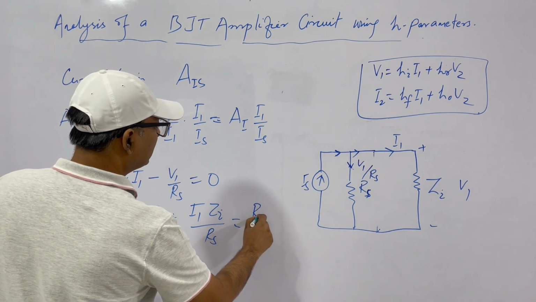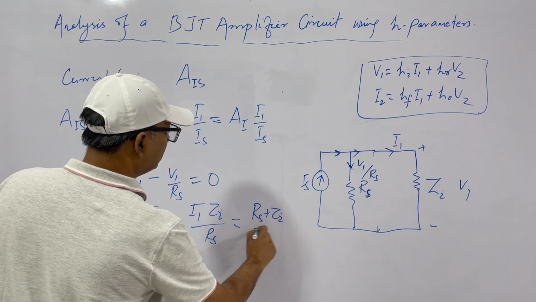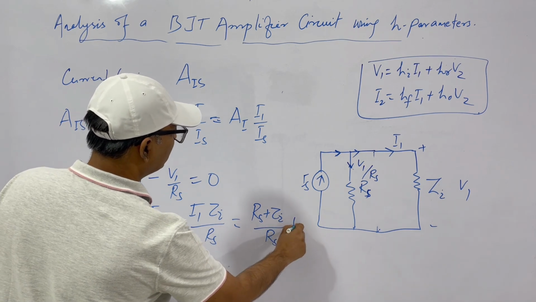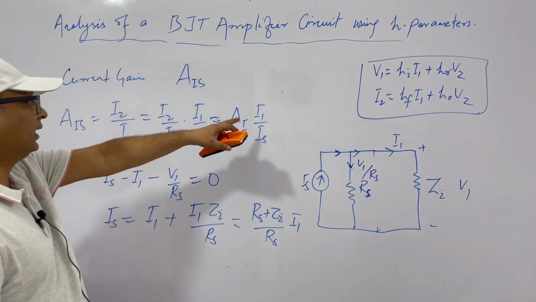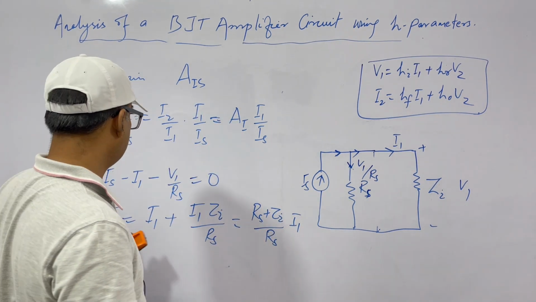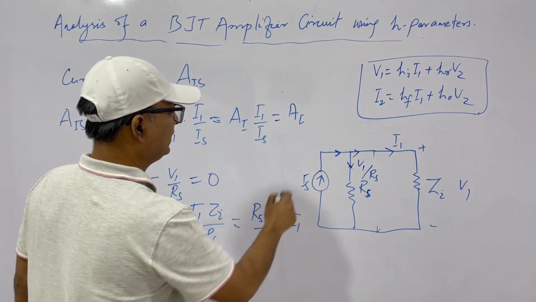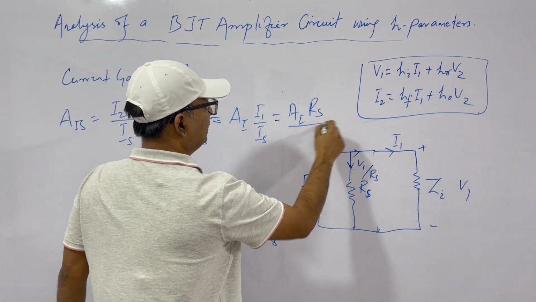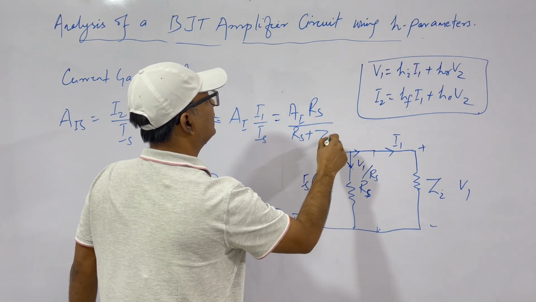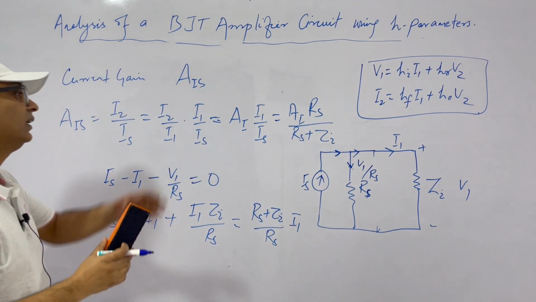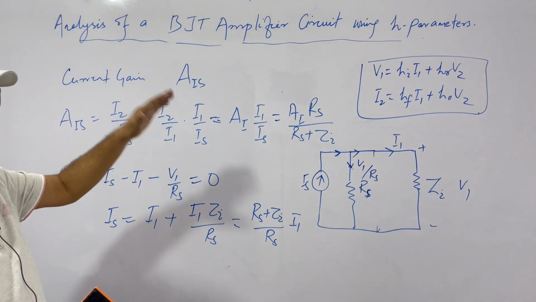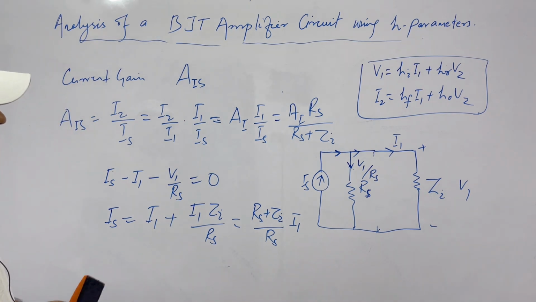This becomes Rs plus Zi by Rs into I1. We have to take I1 by Is. So I1 by Is is Rs by Rs plus Zi. So this is our current gain when we have taken the source resistance into account.